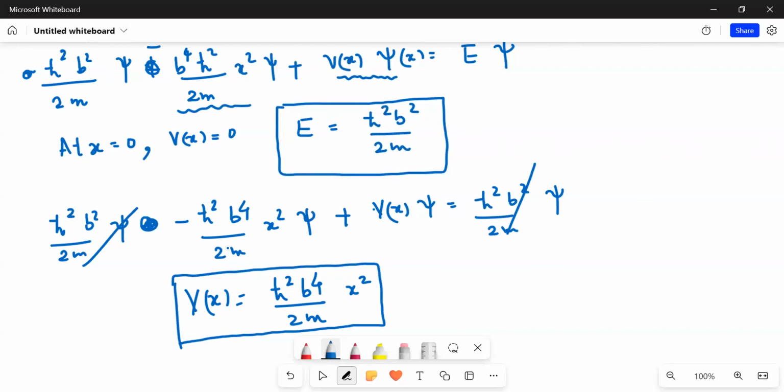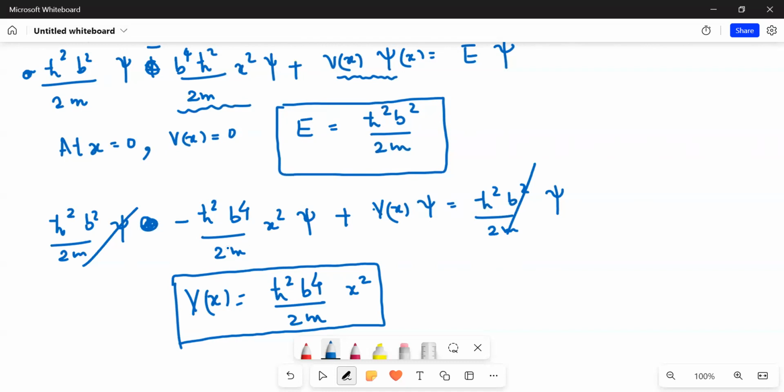So this is one of the important things that we can do: if we are supplied with the wave function form, then certainly we can extract the potential form. That is, we can know what potential may have given rise to such a wave function by using the time independent Schrodinger equation.